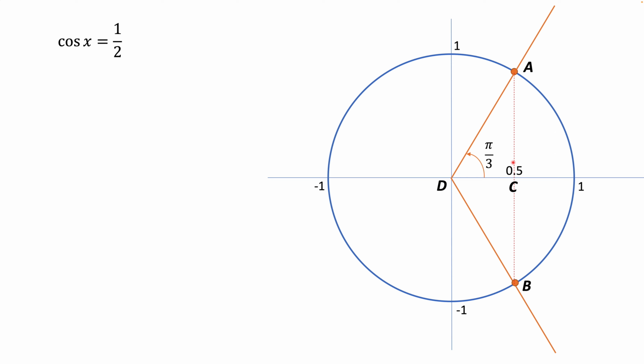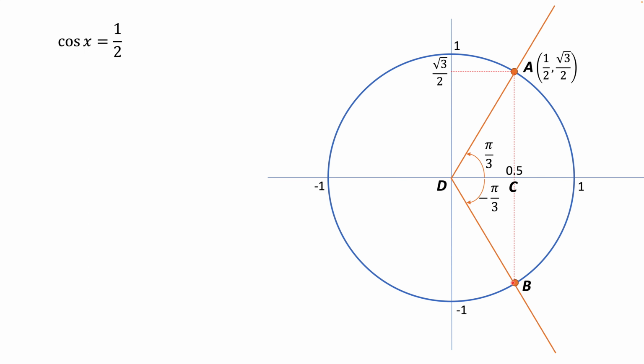If you take this point A and reflect it over this horizontal axis, you get point B. So the angle down is also going to be pi over 3, but now we're going in the negative direction. We get minus pi over 3. Those two triangles, ADC and BDC, are congruent. One is a reflection of the other one.